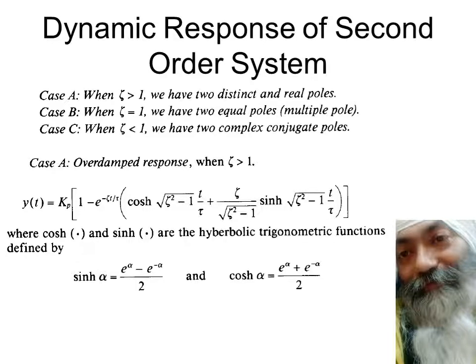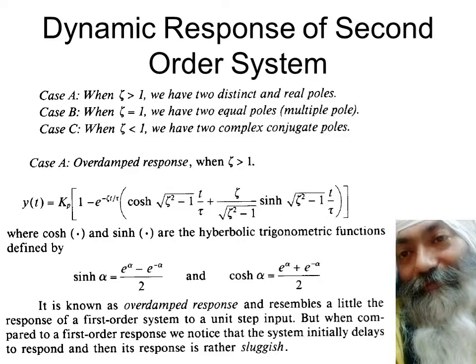But cosh and sinh are the hyperbolic functions given by these expressions, as you can see. We need not bother much about these because ultimately they boil down to one rising curve, as we shall see.